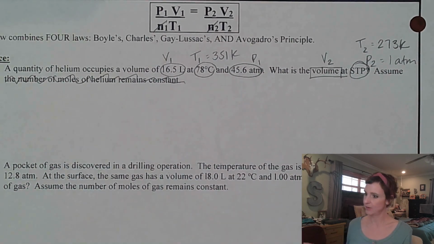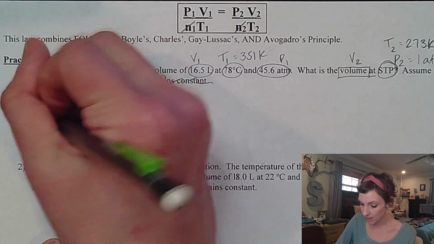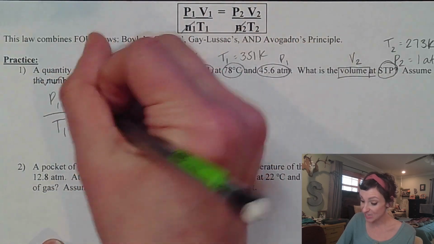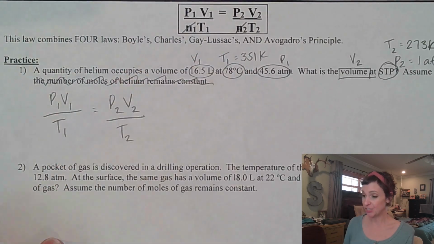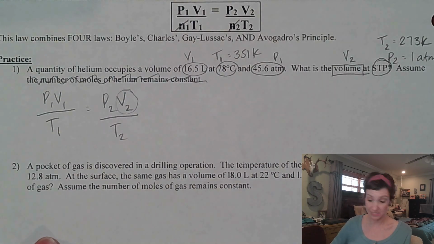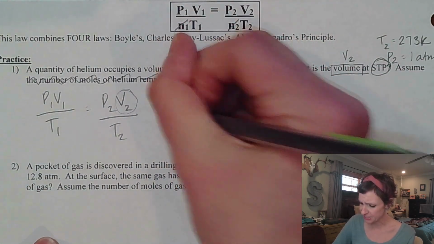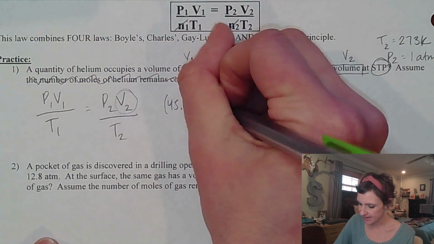All right, so we've got a big old beefy equation to hang out with here. We've got P1 V1 over T1 is equal to P2 V2 over T2. We are using this equation to solve for V2. Lots of numbers to fill in. All right, our substitution: we have 45.6 atm.